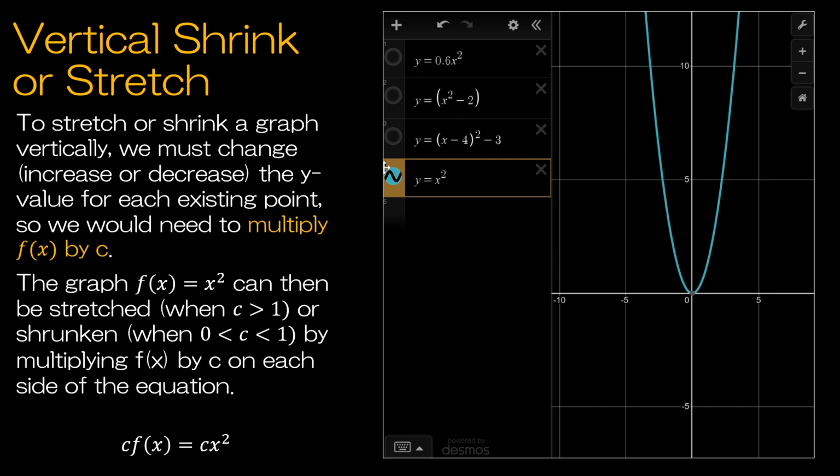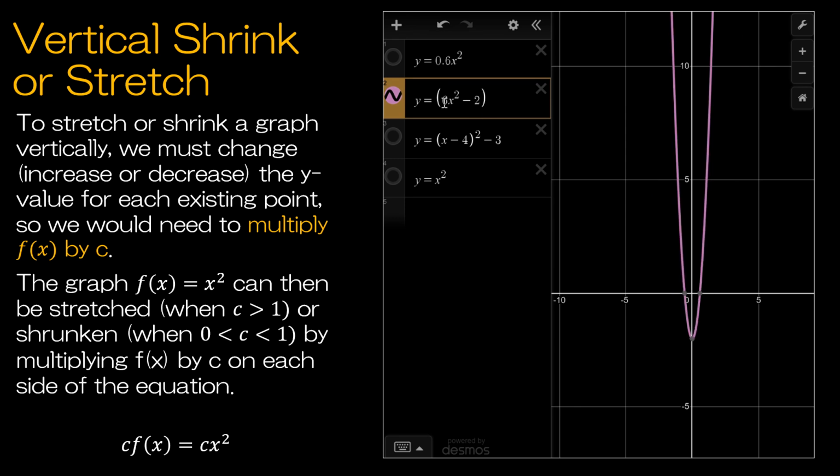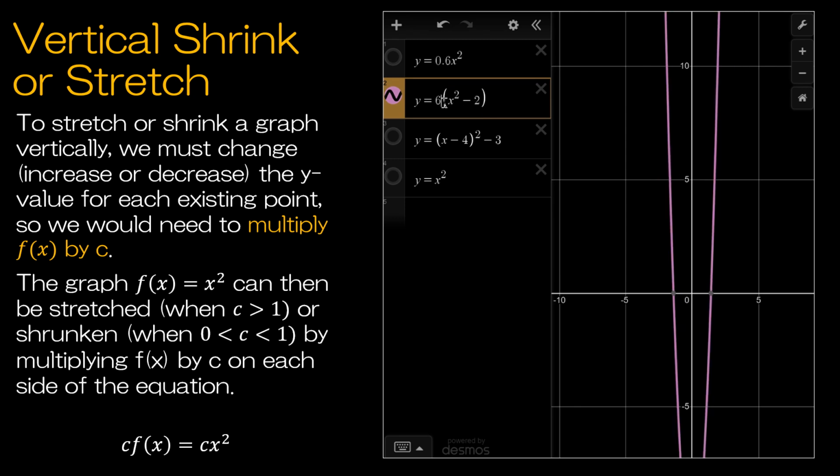Same thing for my next equation. So here's my original. And again, just as we did before, I need to make sure that it's going to be the entire function that is being multiplied by a value. So I'm not putting, say, just a 6 right here. I'm putting a 6 in front of the whole thing.